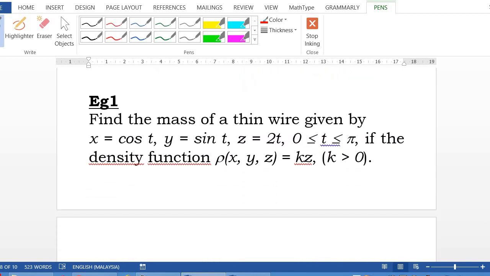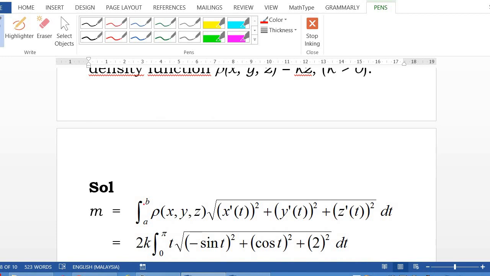Example 1, find the mass of a thin wire given by x equals cos t, y equals sin t, z equals 2t, where t goes from 0 to pi, if the density function rho(x, y, z) is equal to kz. To find the mass, you have the density function, then find ds.